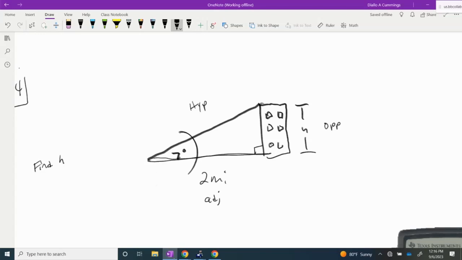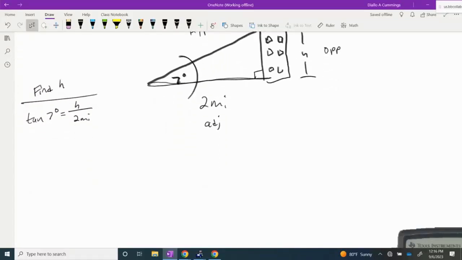We're trying to find h, which is the height of the building. So the tangent of 7 degrees is equal to the opposite, which is h, over the adjacent, which is 2 miles. Now how do I solve it for h?